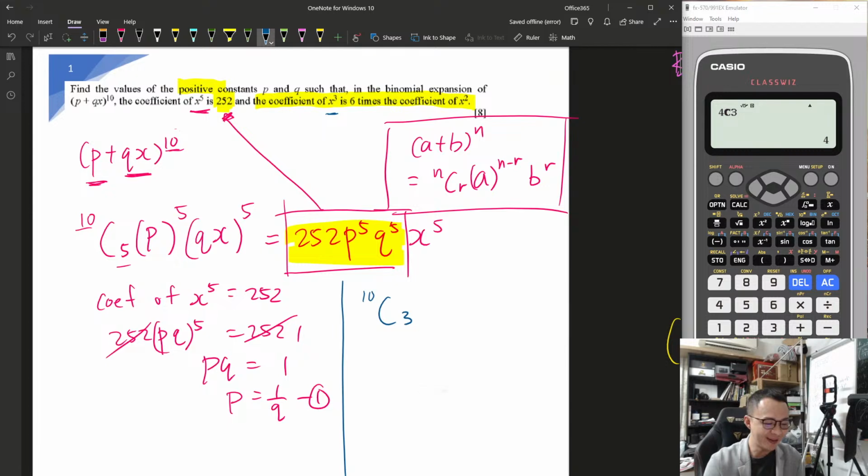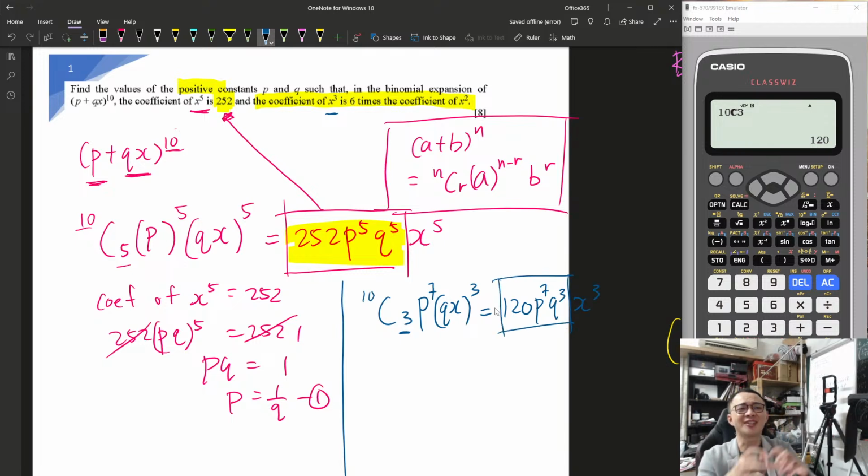My p will be power of 10 minus 3, which is 7. My qx will have the same power as my r, which is 3. If I expand, I will have 10c3, which is 120, and then p power of 7, q power of 3, and x power of 3. This is the coefficient of x power of 3.